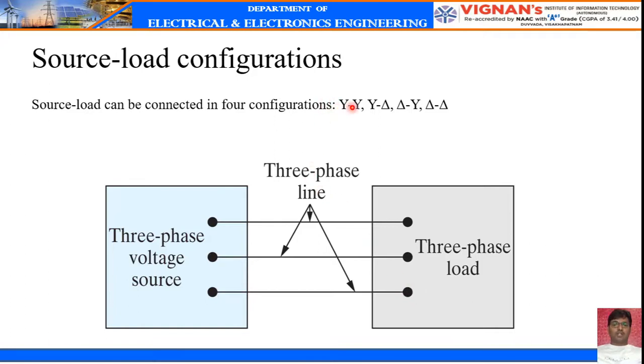So the possible configurations are four: star-star, which indicates a star connected voltage source and a star connected three-phase load. Similarly, star-delta indicates a star connected voltage source and a delta connected three-phase load. Delta-star indicates a delta connected three-phase voltage source and a star connected three-phase load. Similarly, delta-delta indicates the voltage source and the load are both connected in delta.